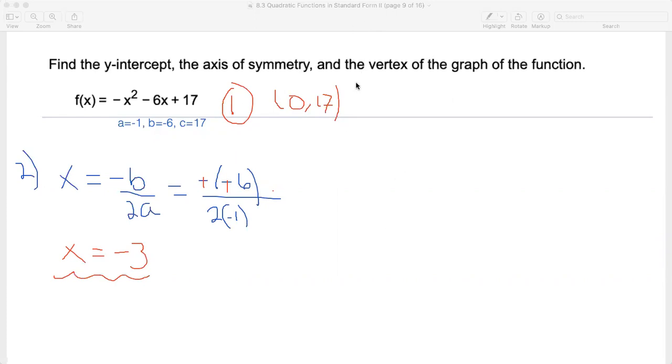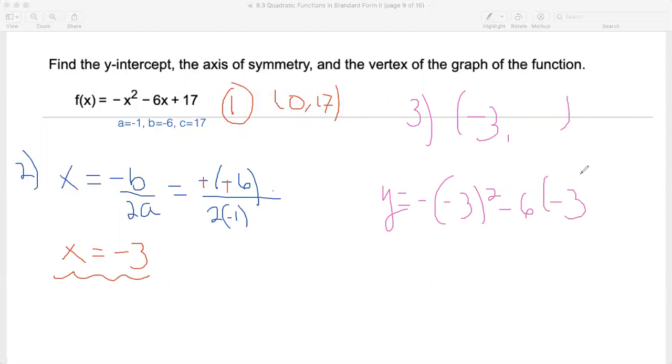Now let's go ahead and find your vertex. So it's going to be negative 3, comma, whatever you get for your y value, and let's plug it in. So y equals negative, parentheses, negative 3 squared minus 6 times negative 3 plus 17.